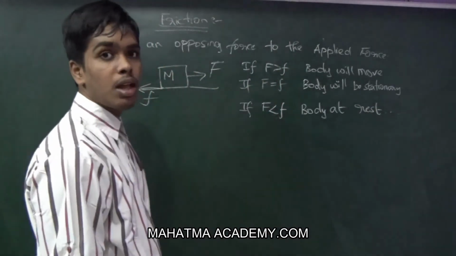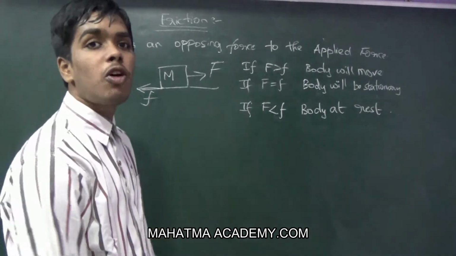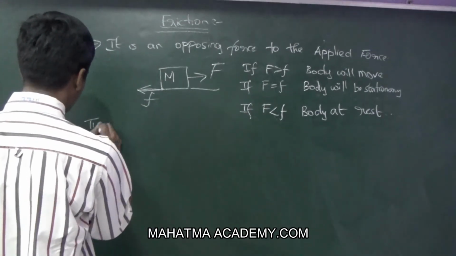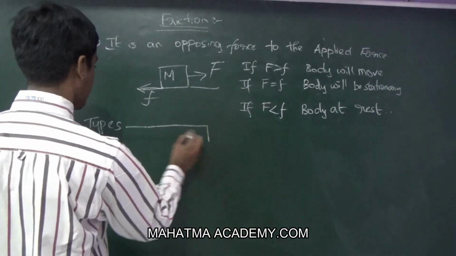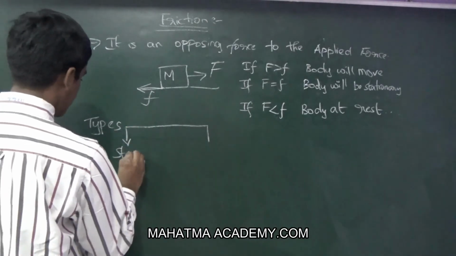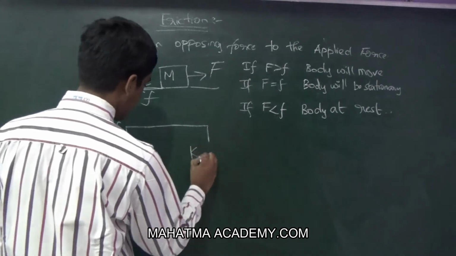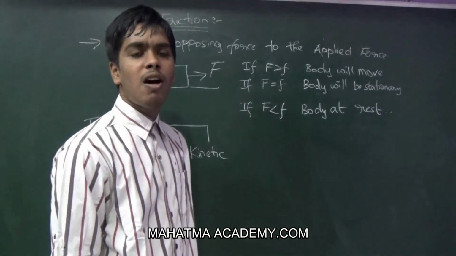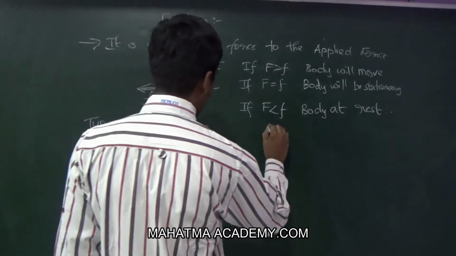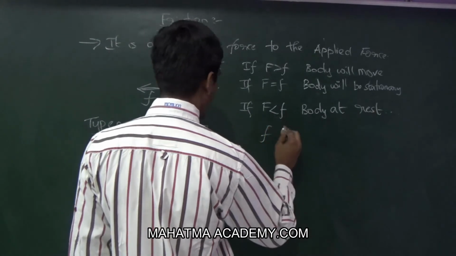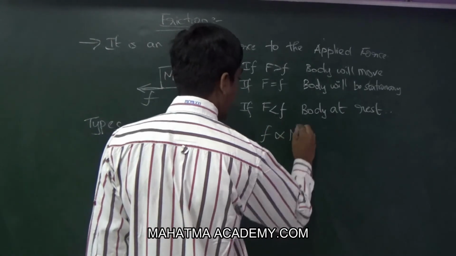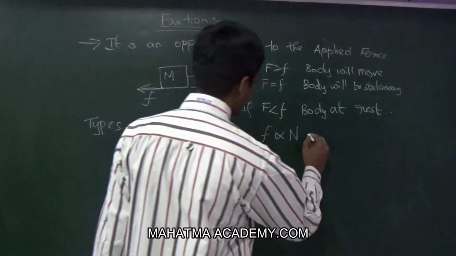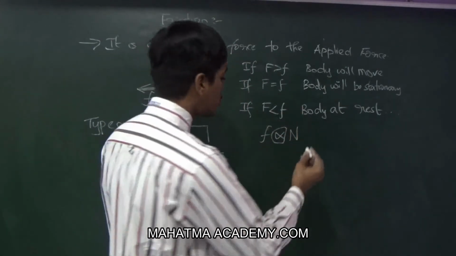Now there are 2 types of friction, the static friction and the kinetic friction. The formula of friction is F is directly proportional to N, and the proportionality constant is mu.